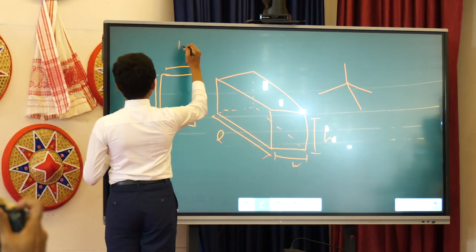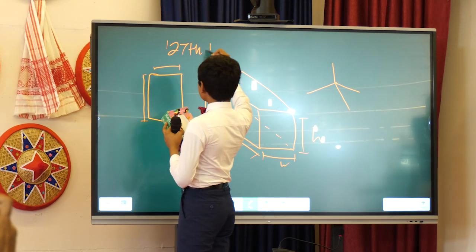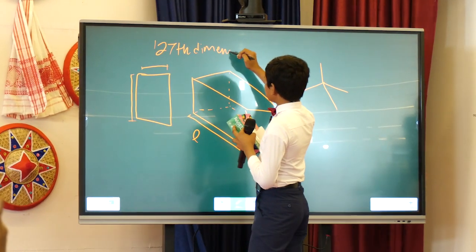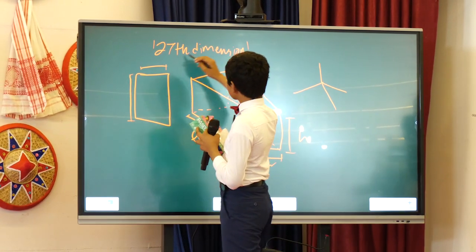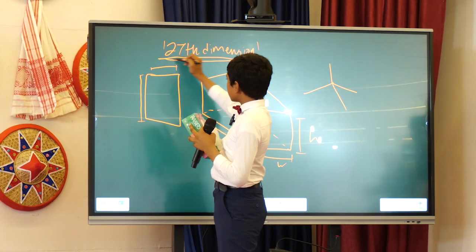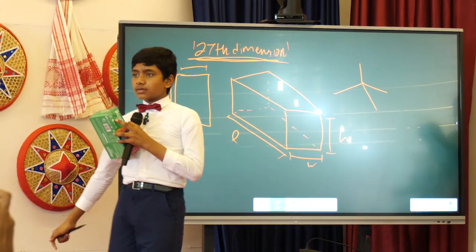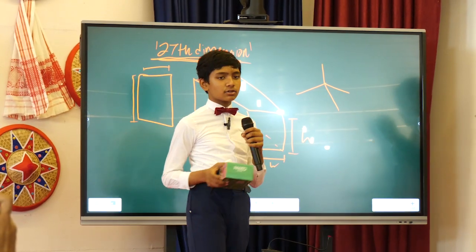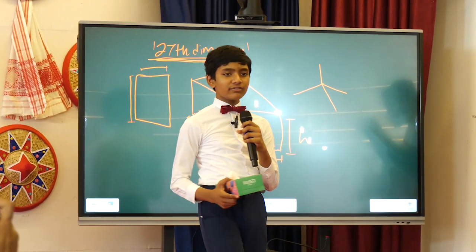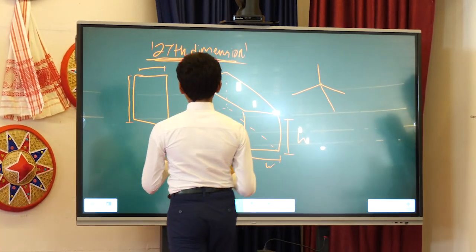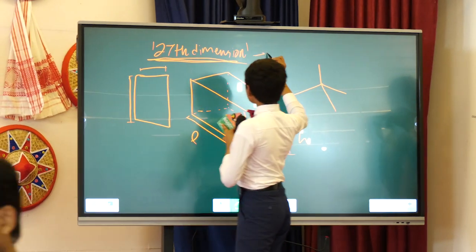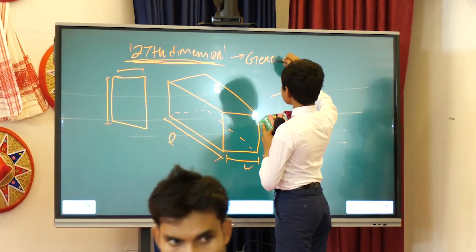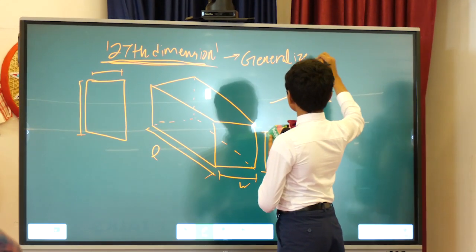And actually, the reason I said, what if we're in the 27th dimension, which apparently seems a little bit confusing, this essentially just means that we have an object that needs 27 perpendicular axes to measure. Of course, there's nothing like that in real life, and there probably never will be. But this allows us to generalize any vector.